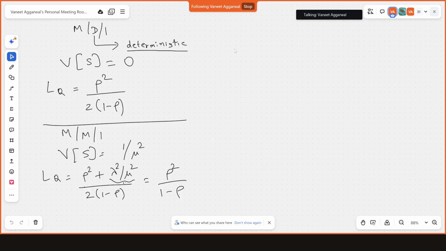So what you see essentially is that the number of people waiting in the queue is double in the case of MM1 system as compared to MD1 system. So MD1 system will have half the length of the queue. What we typically say is, if both service and arrivals were deterministic, then the length of the queue will be zero, if you have arrivals at a lower rate than departures.